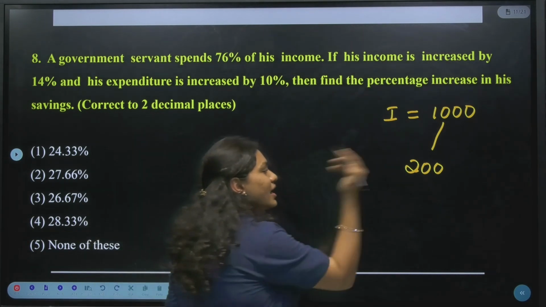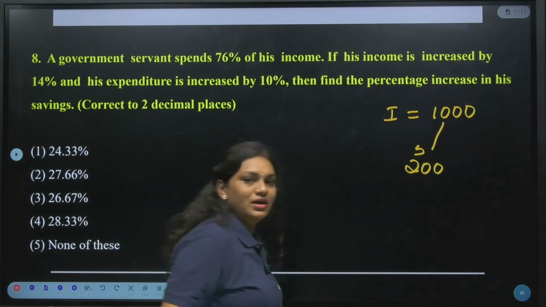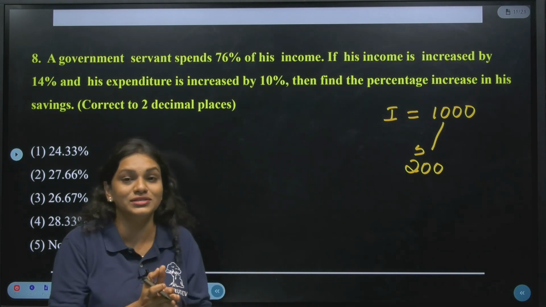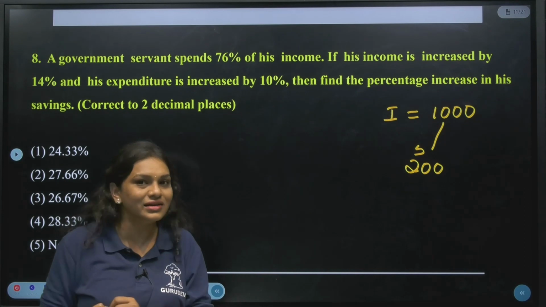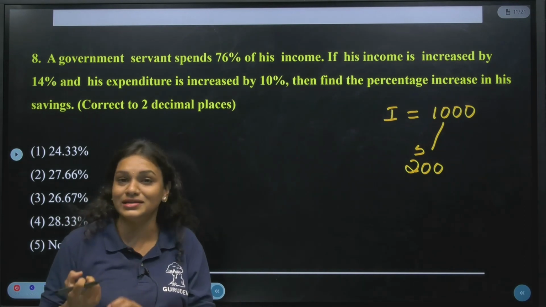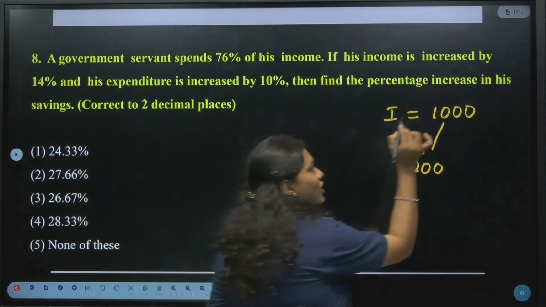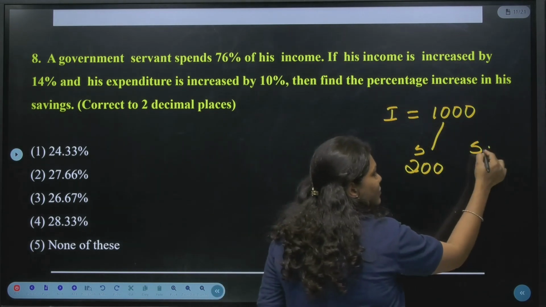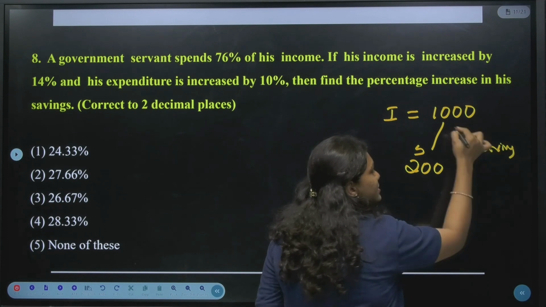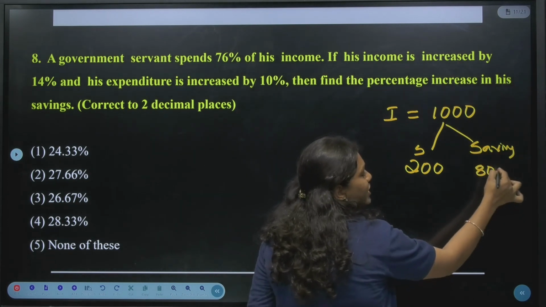The income is 1,000 rupees and already they have spent 200, so what is left here? 800. Now what is that 800? Isn't it the savings? Out of 1,000, 200 they have spent, so whatever is left is the savings, which is 800.